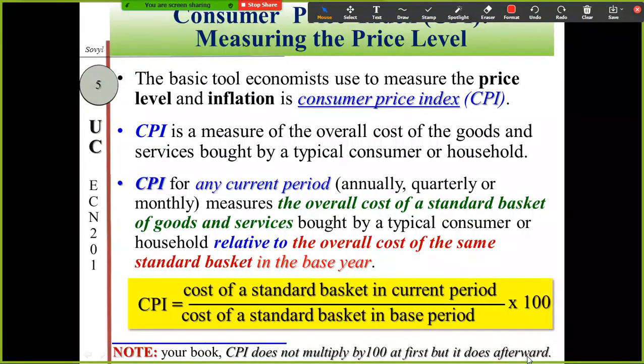So this is the formula that we use in order to find CPI: CPI in any current period equals the cost of the standard basket in that period divided by the cost of the same basket in the base period, multiplied by 100.